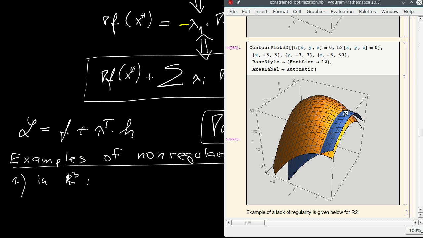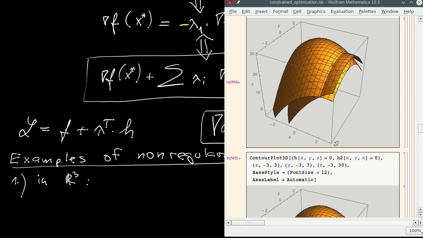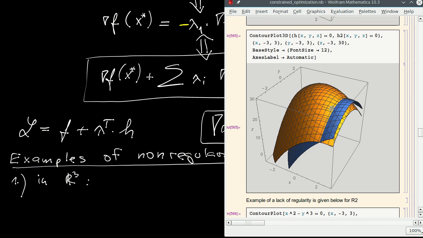Now, what do the conditions that I derived tell us? In particular, that geometric interpretation that the gradient of the cost function must lie in the space generated by the gradients of the two constraint functions. Let's say I investigate the function at a point somewhere over here. The gradient of the constraint function corresponding to the orange surface is a vector that points out of the surface, right? It's normal to the surface. Similarly, for the blue surface, the gradient points out of it.